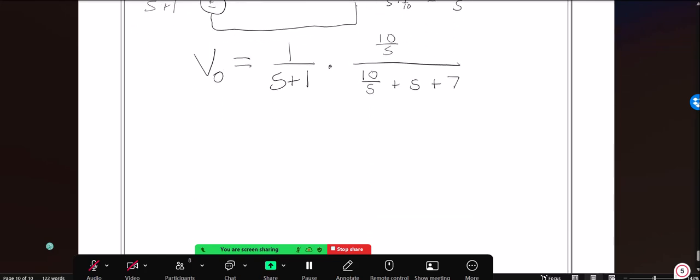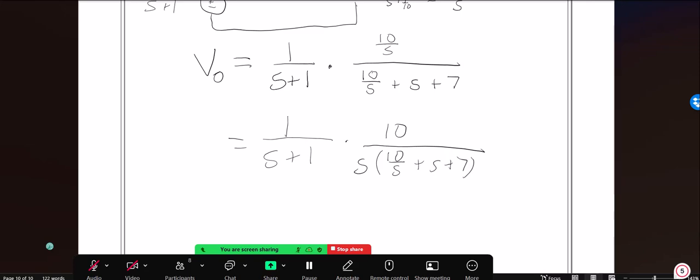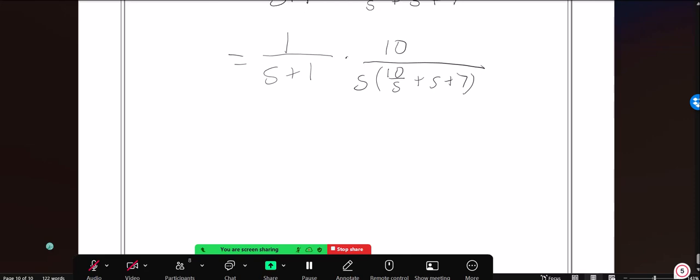Now I want to get this into a nicer looking form. So I'm going to bring this S that's in the numerator down to the denominator. And then I'll multiply that through.